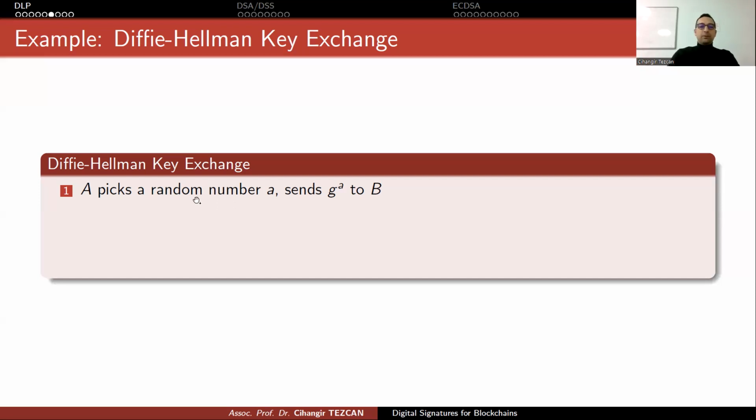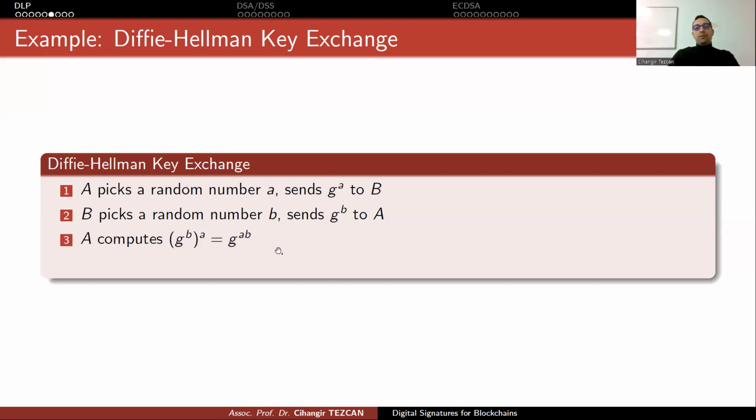So the discrete logarithm problem can be used here for the Diffie-Hellman key exchange, and the idea works like this. So I think of Alice and Bob, they want to communicate. Alice picks a random number a and sends g^a to Bob. Bob picks a random number b and sends g^b to Alice. Now Alice takes g^b, which she received from Bob, but Alice chose a randomly by herself, so she can calculate the a-th power of this value that she received from Bob.